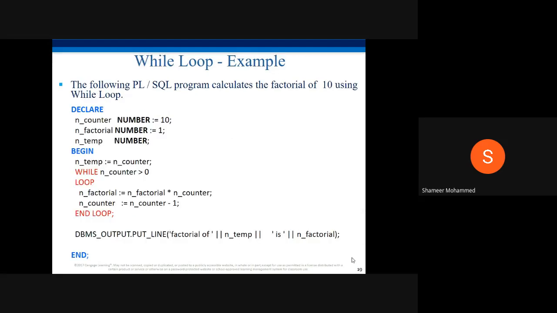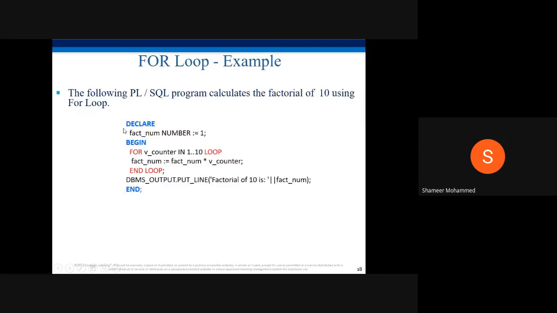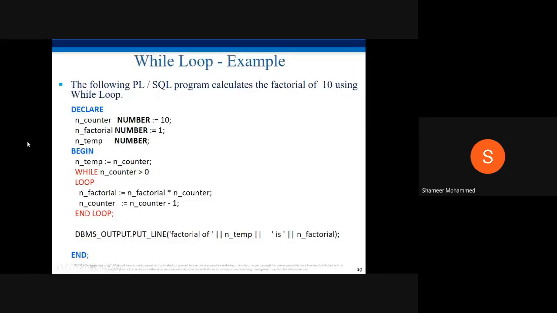Now the last one, while loop. Same logic, but just the syntax is different. Instead of for loop, the same program, but the loop is different here. See, while condition. So you are checking the condition here, and you are ending the loop here in this one. So while condition, then you are repeating this loop. Same previous program.